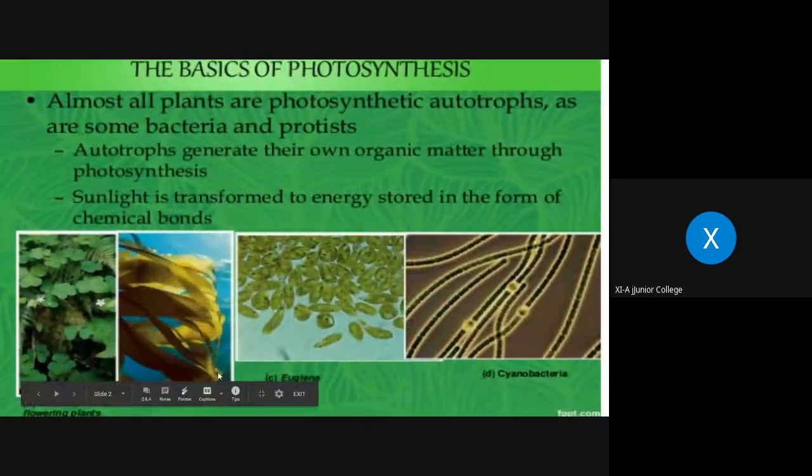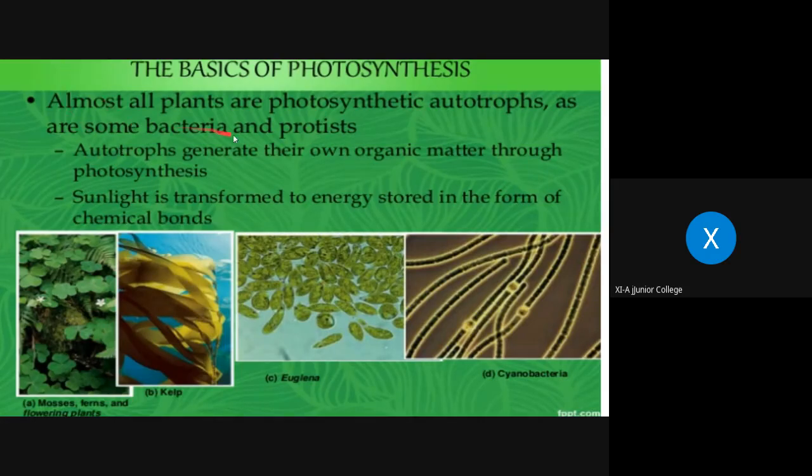Let us see what happens in photosynthesis, and which organisms show this process. All organisms which contain the photosynthetic pigment are able to produce food material in the presence of light by the process of photosynthesis, right?